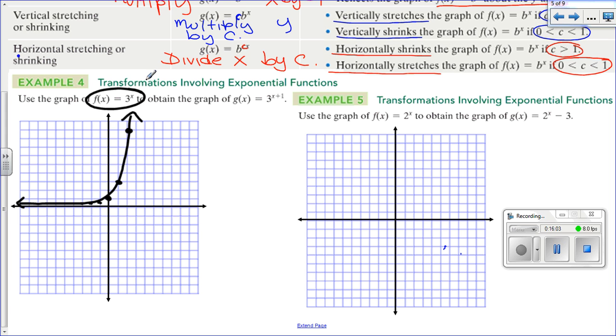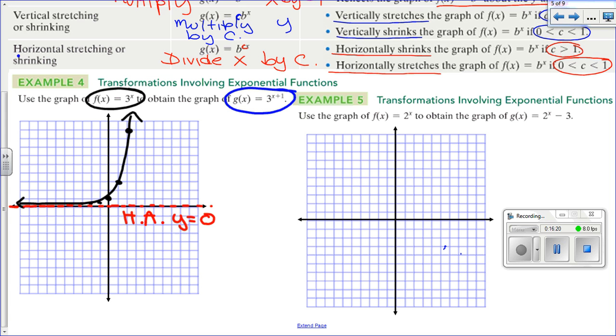And so make sure you do the horizontal asymptote. That will be the line y equals 0. And for the transformation, we have g of x is 3 to the power x plus 1.